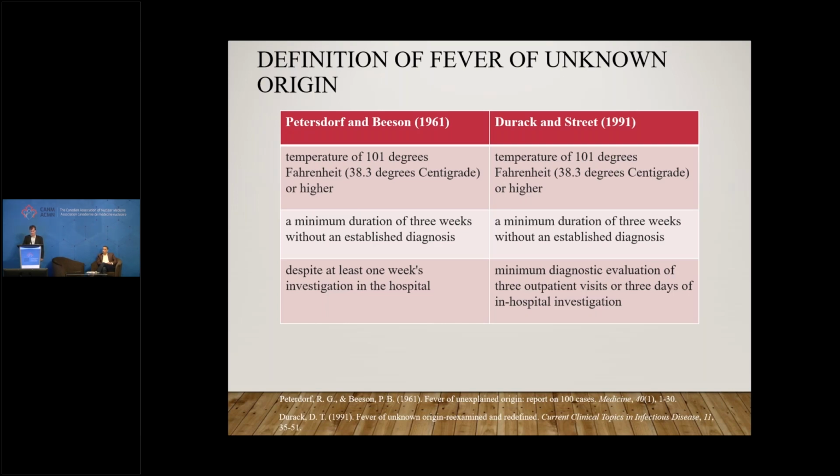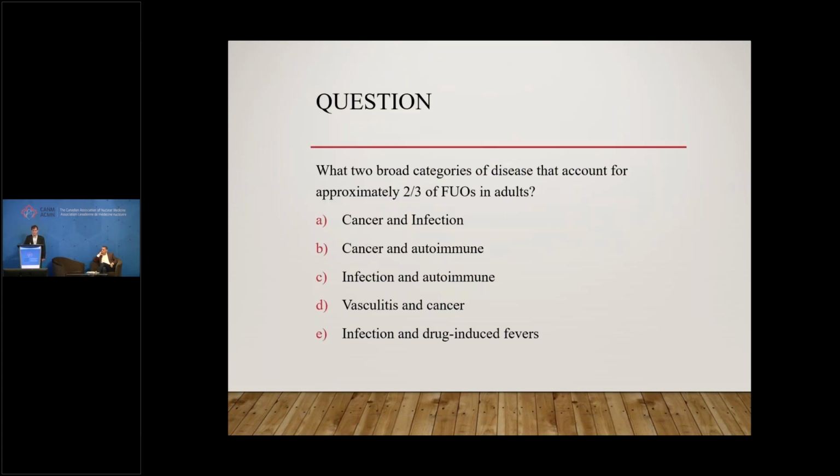Well, this definition was changed to a minimum duration of 3 days of in-hospital investigation and 3 outpatient visits. So if you have a fever without any established diagnosis with 3 outpatient visits or 3 days of in-hospital investigation, you have a fever of unknown origin.